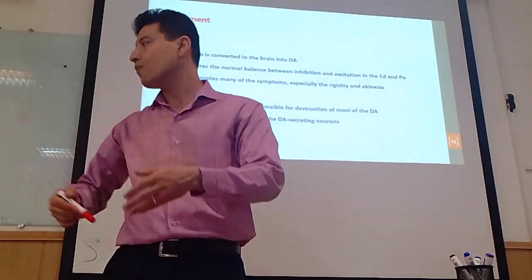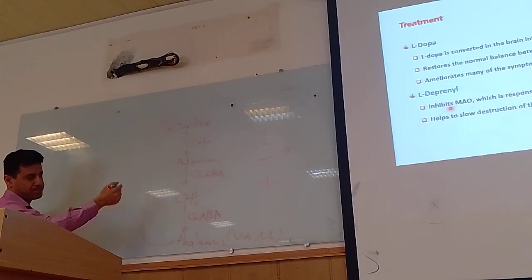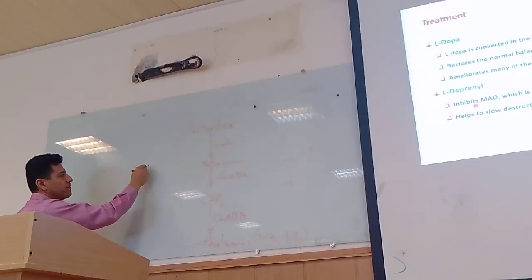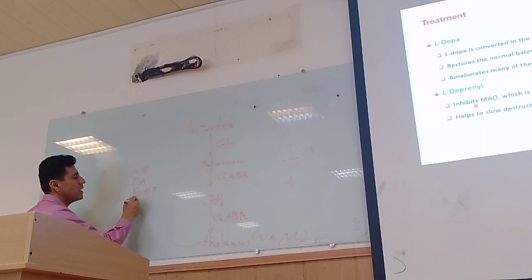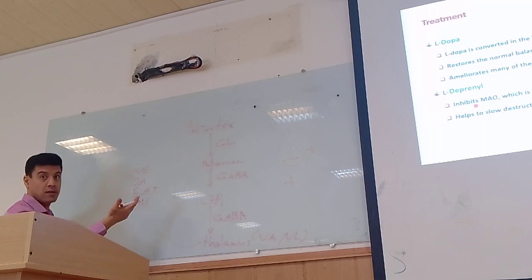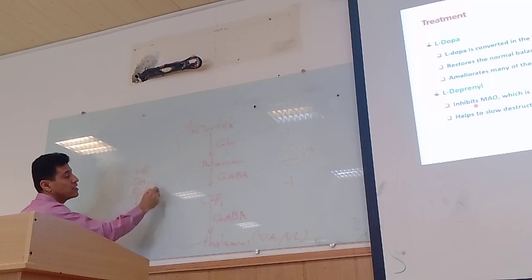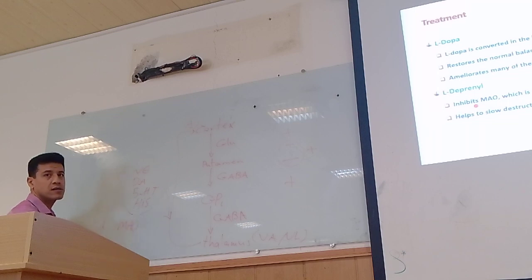For example, we have norepinephrine, dopamine, serotonin, histamine. So all of these are monoamines. So they have amines, right? All of these are degraded by monoamine oxidase.